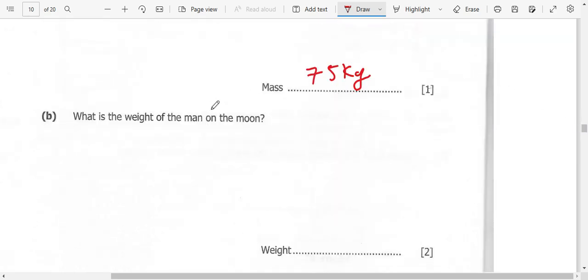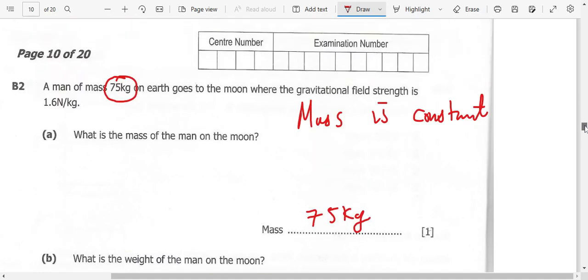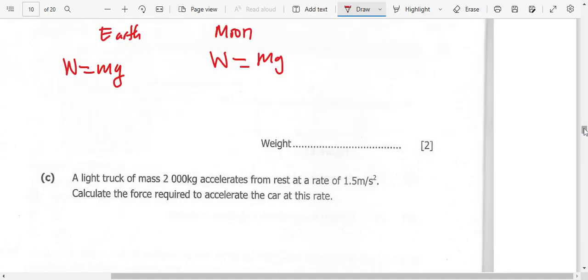The next question: what is the weight of a man on the moon? Now weight is going to change. So you can find the weight of the person on Earth and on the moon. Weight is given as mass times gravity. On Earth, the person is 75 kg and gravity on Earth is 10.